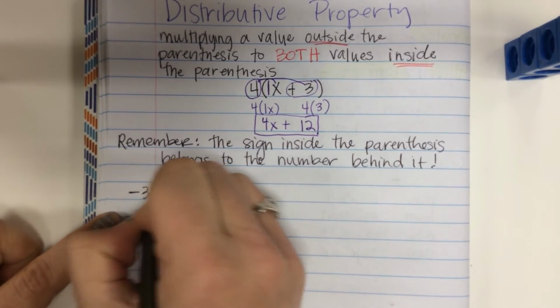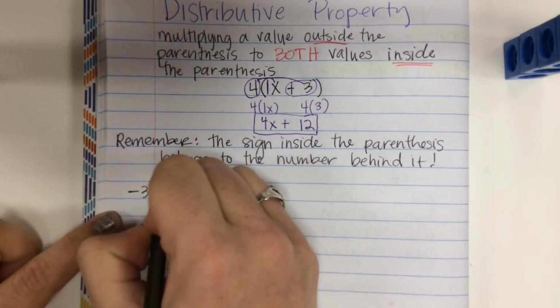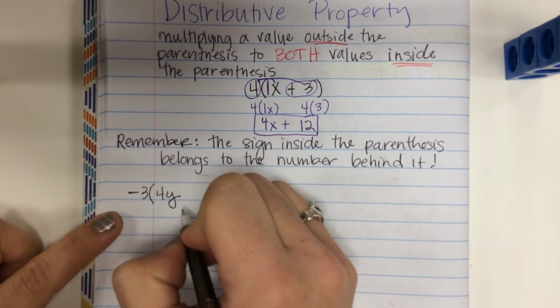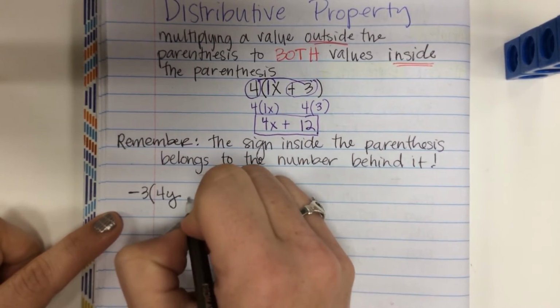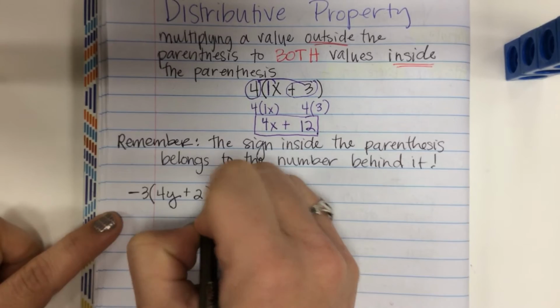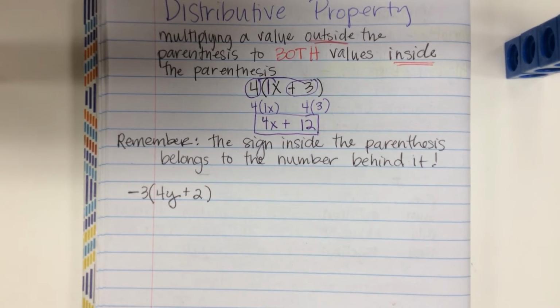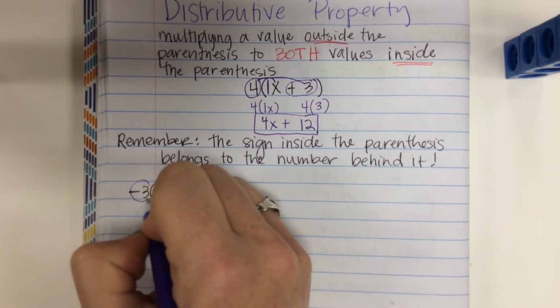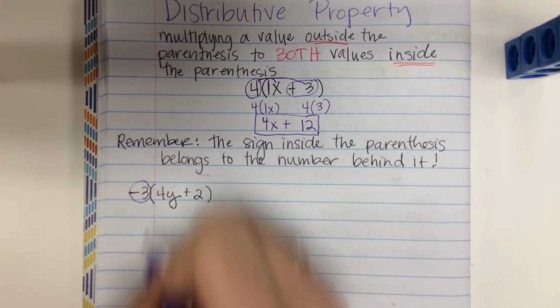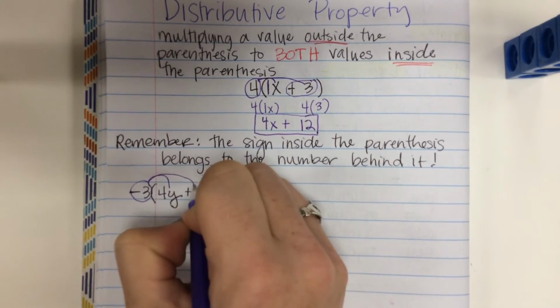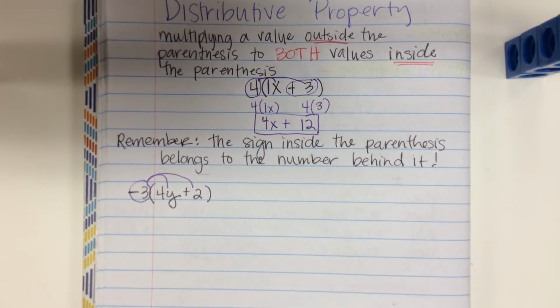What if my number outside is negative? Does that change anything? Sure doesn't. Negative 3 times 4y plus 2. I'm going to take that negative 3, draw a circle around it, and distribute it to the other two values. I'm going to write down the middle step. At some point you can skip the middle step and do it in your head.